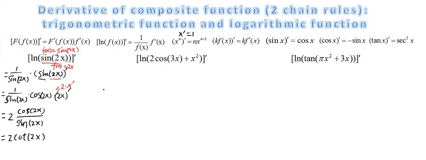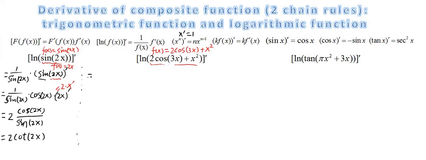Now let's take a look at the second example. We're gonna follow the same strategy. Here we have ln of 2 cosine 3x plus x squared. The first step is to figure out what f(x) is. We can write f(x) equals 2 cosine 3x plus x squared. Now we're gonna apply this formula.